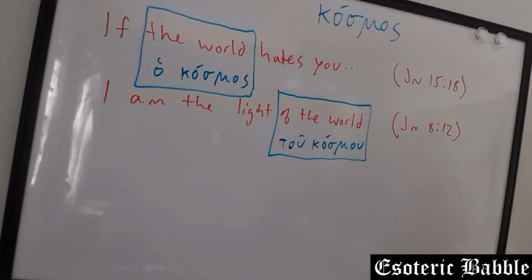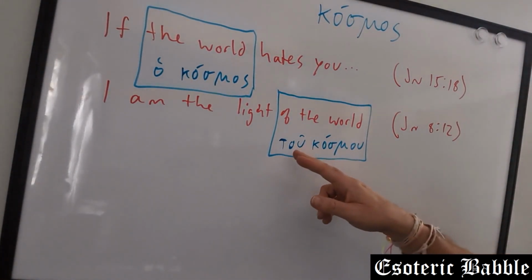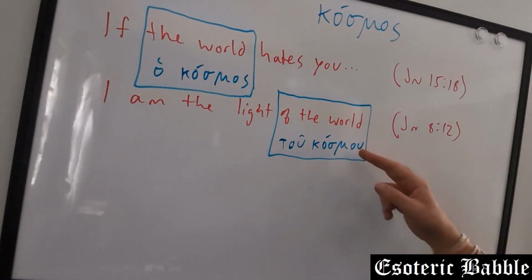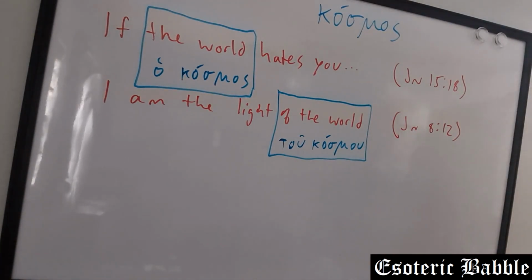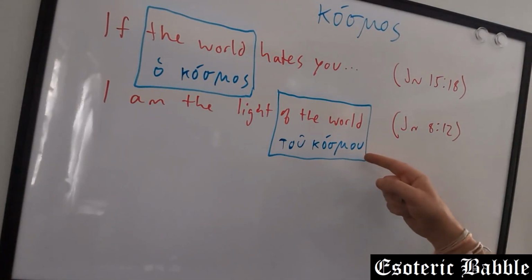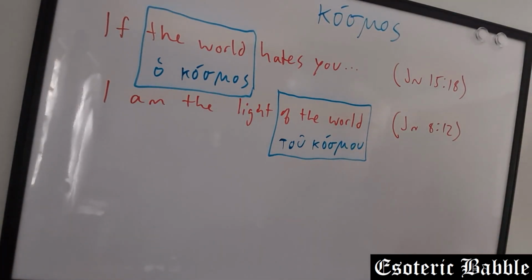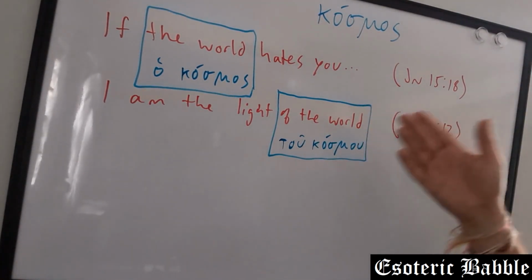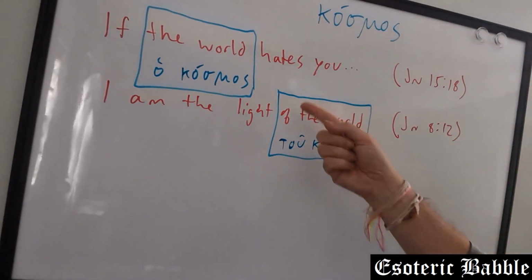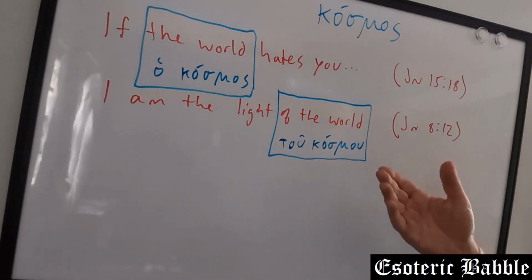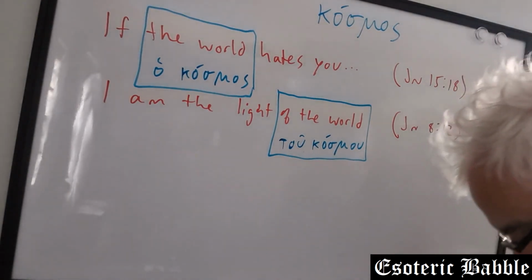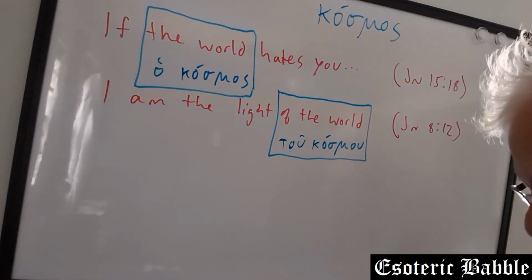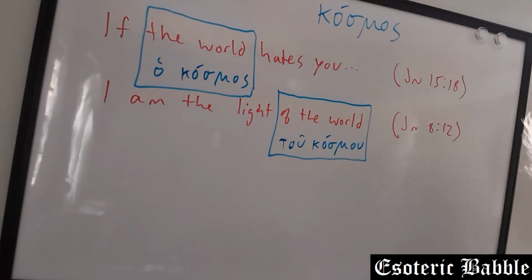Of the world, in Greek, tou kosmou. The article has changed, and the ending of our word cosmos has changed. And this indicates what we might call possession. In Greek, we don't need to use a preposition for that. We don't have to say of the world. It would be like using a word whose or his or something like that, or hers.